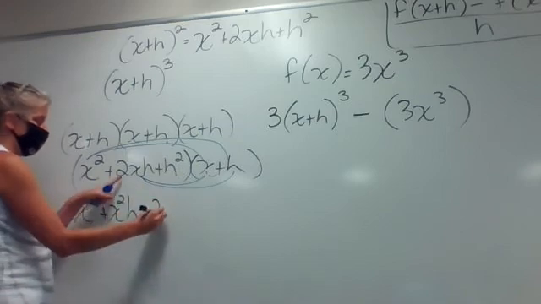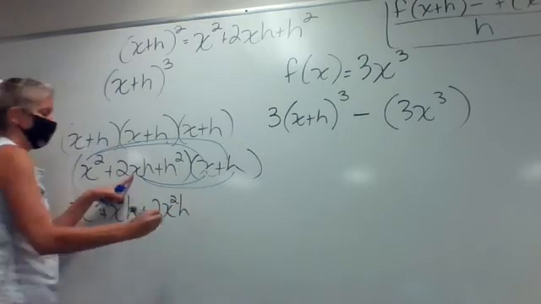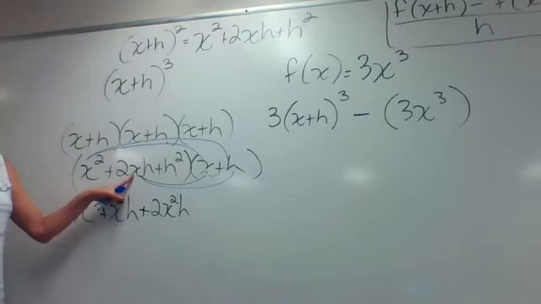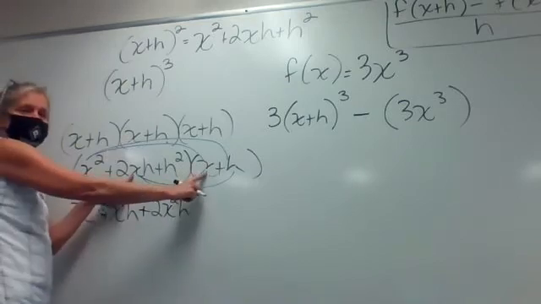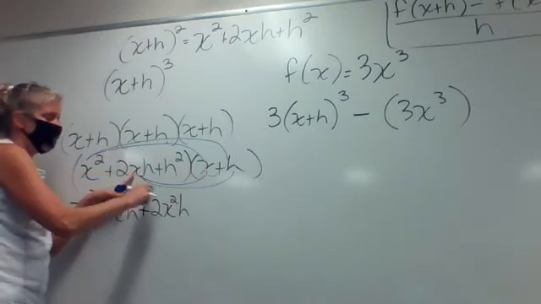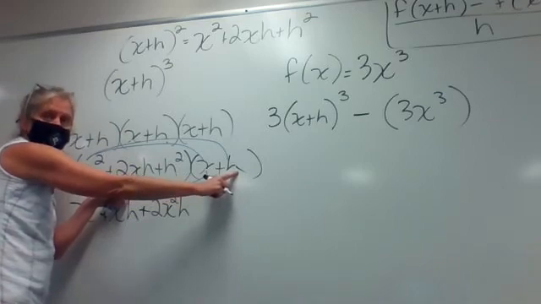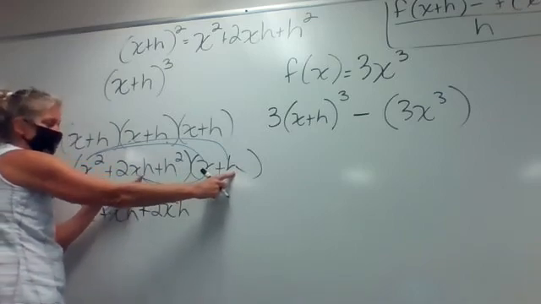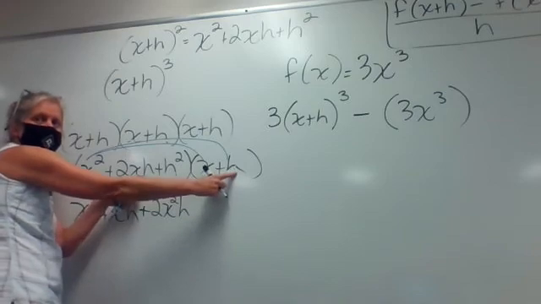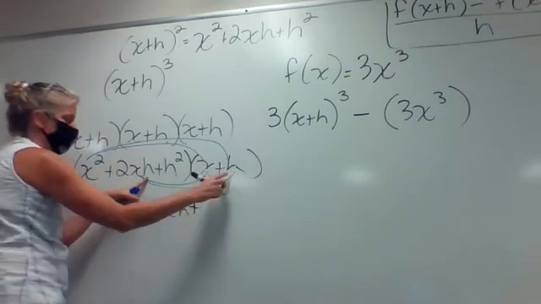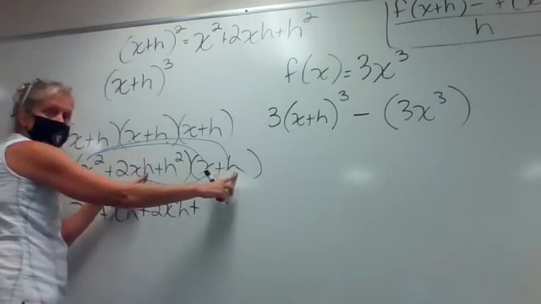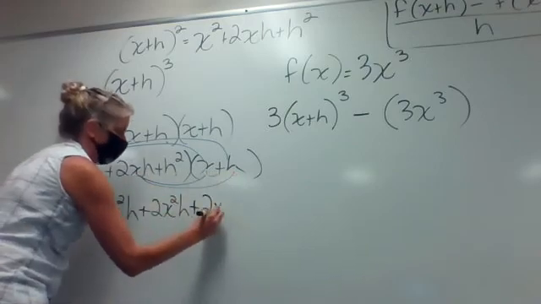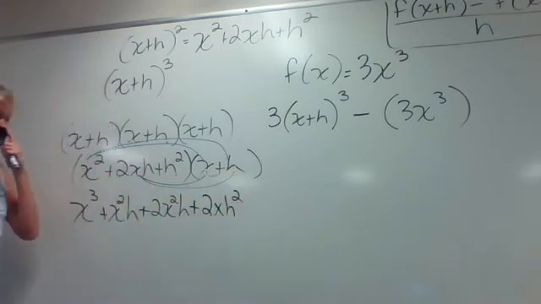Plus 2x squared h. So that distributed to the x. Now I need to distribute it to the h. So this time, who's going to end up being squared? The h. So I'm going to have plus 2x h squared. So I'm done with that.